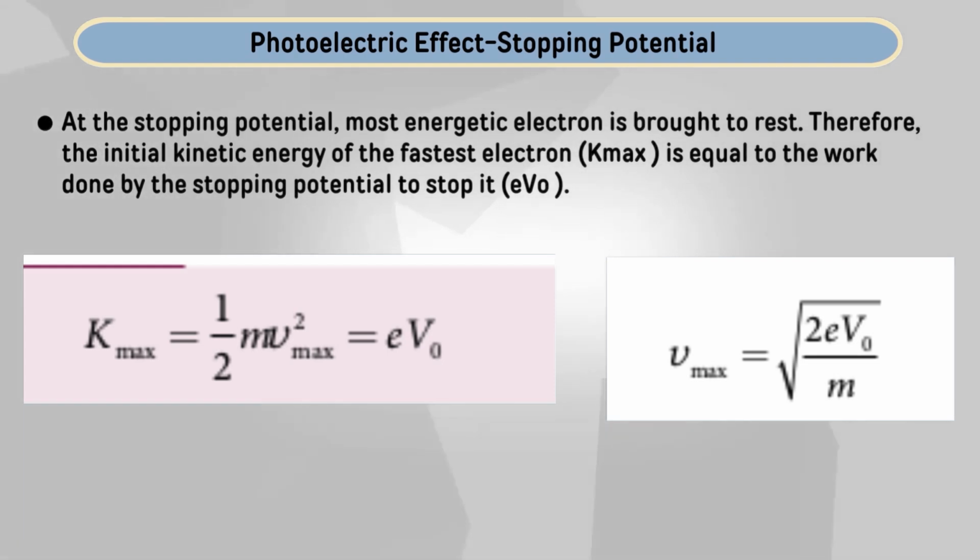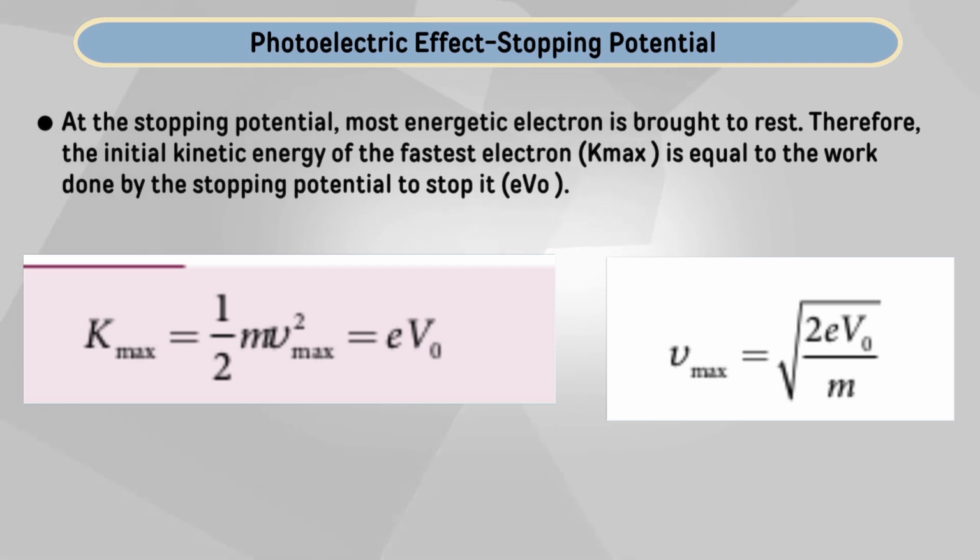So, this is V maximum. This kinetic energy is balanced by the energy generated in the opposite direction by the potential, that is equivalent to e multiplied by V naught. By rearranging this formula we can calculate V max, the maximum velocity of the electron, which is equivalent to root of 2 e V naught by m.